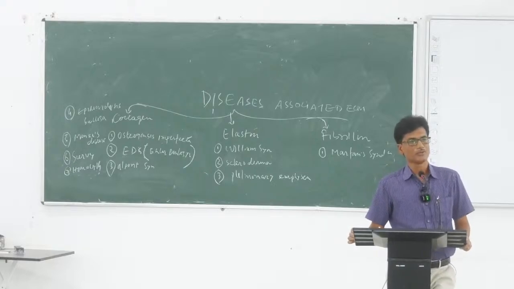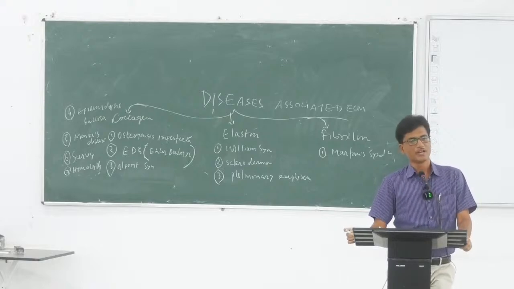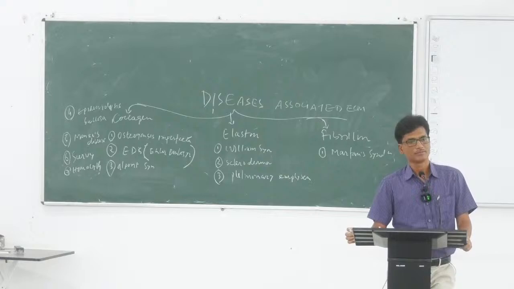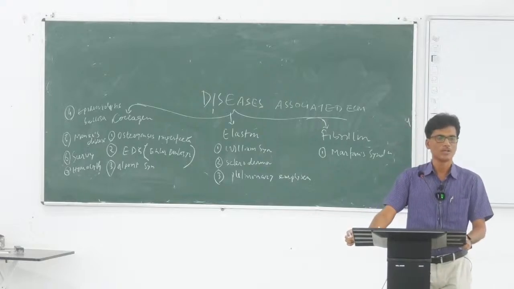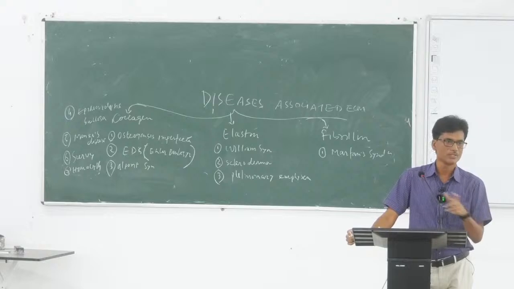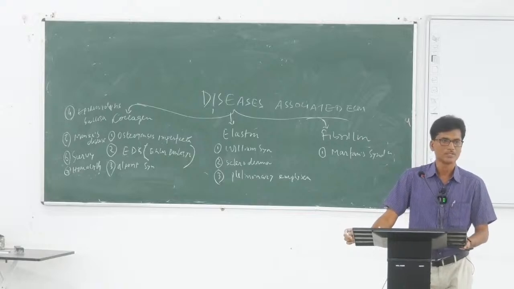Next, I am coming to epidermolysis bullosa. This is a type 7 collagen defect. This type of collagen helps in anchoring the basal lamina with the dermis. As the defect lies in this type of collagen, there is a defect in anchoring of the basal lamina with the dermis.